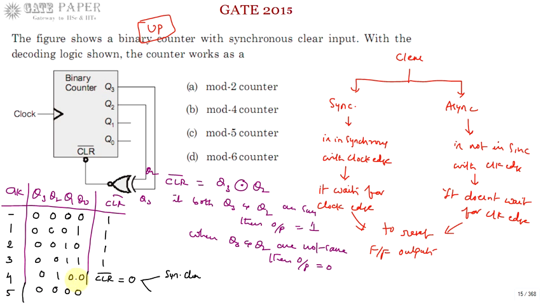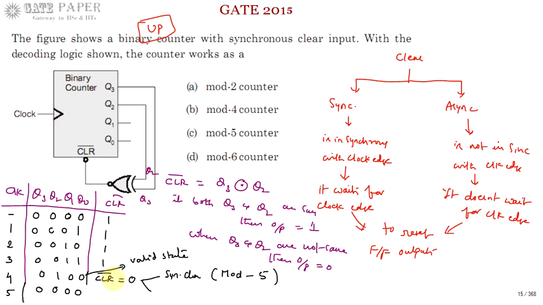So this 0100 is also counted as a valid state, because it is stable for one clock period like all other states. Now for synchronous clear, it is called a mod 5 counter, because it is counting 0, 1, 2, 3, 4. 0 to 4 is nothing but 5 states. So it goes through 5 unique states, so it is a mod 5 counter.